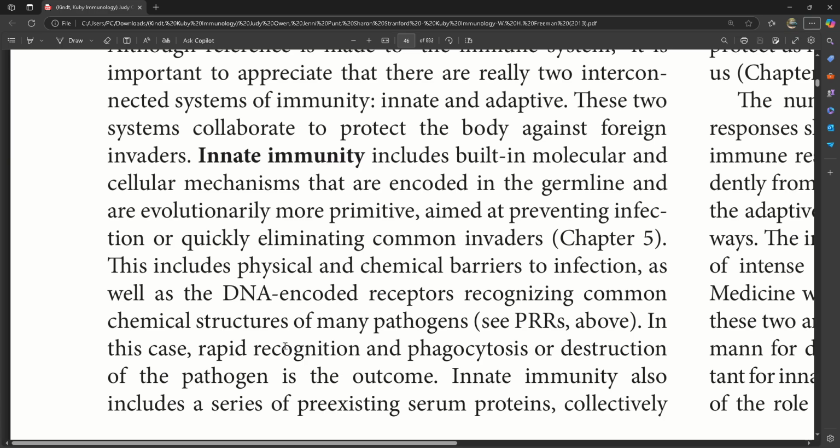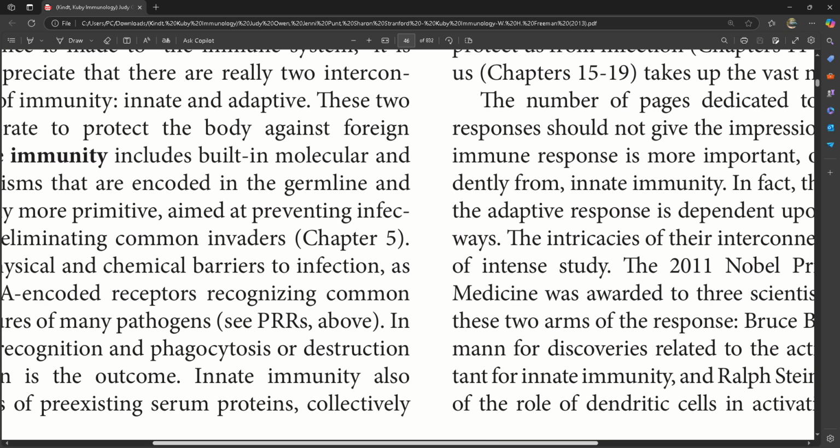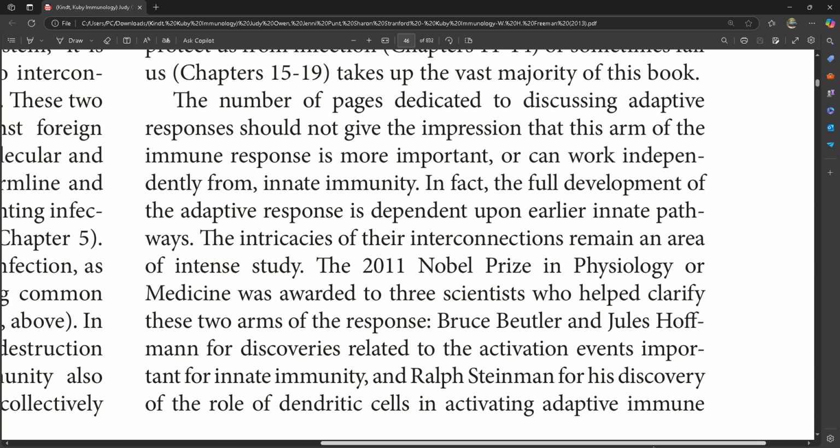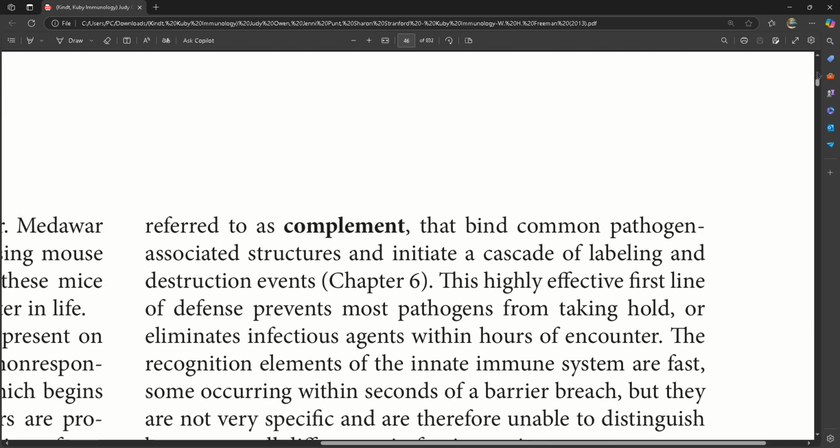Innate immunity also includes a series of pre-existing serum proteins. Collectively they will be termed as complement.